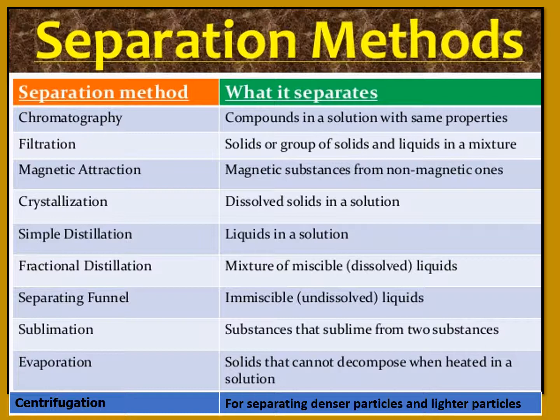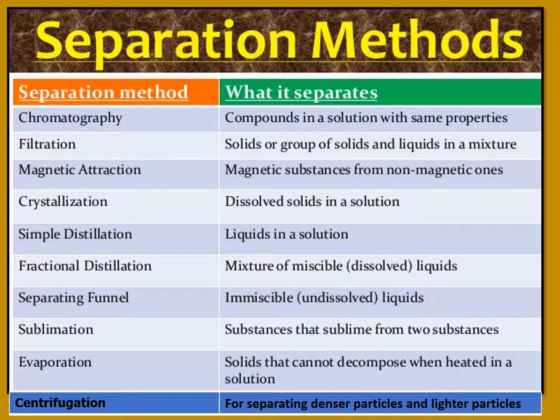Filtration is used for solids or groups of solids and liquids in a mixture. Magnetic attraction for separating magnetic substances from non-magnetic ones. Crystallization is used for separating dissolved solids in a solution. Simple distillation for liquids in a solution.